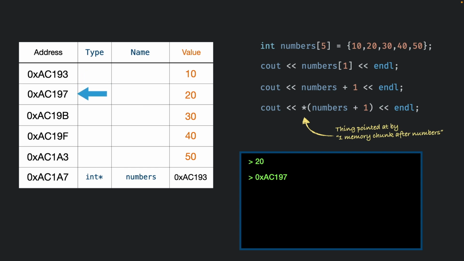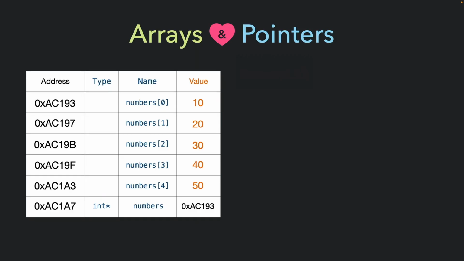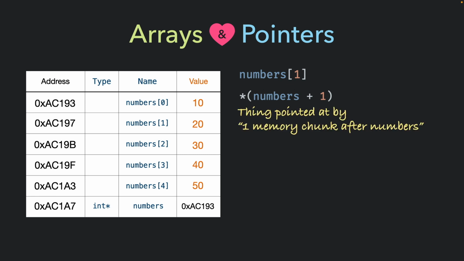We move forward by one chunk of memory, and then we find the thing that that chunk of memory is pointing at, which in this case is the value 20. And so this explains how the brackets work. The expression numbers bracket 1 is the same as thing pointed at numbers plus 1. Those two statements are equivalent. They both mean the thing pointed at by one memory chunk after numbers.